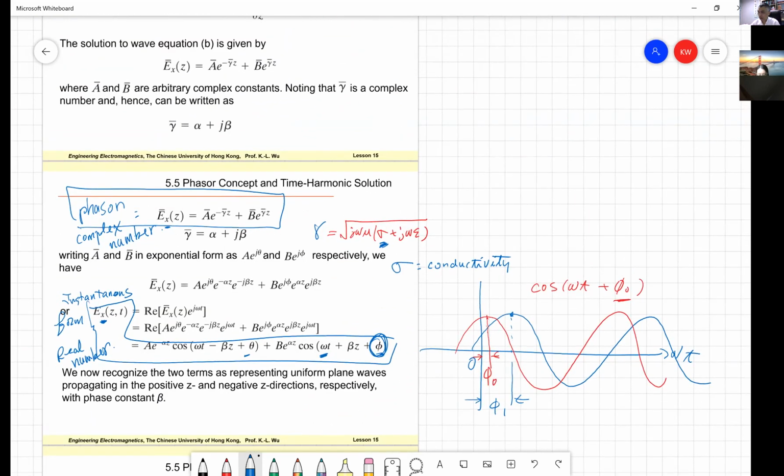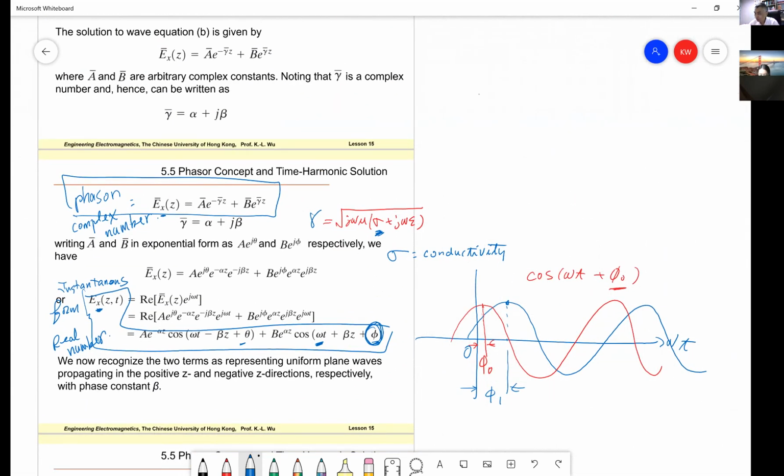Oh, sorry, I don't have the picture. So for the electromagnetic field, if this is the x direction and this is the y direction, we have the electrical field. When the electrical field is at maximum, the magnetic field also reaches maximum. So when the electrical field at another location changes, then the magnetic field also changes.